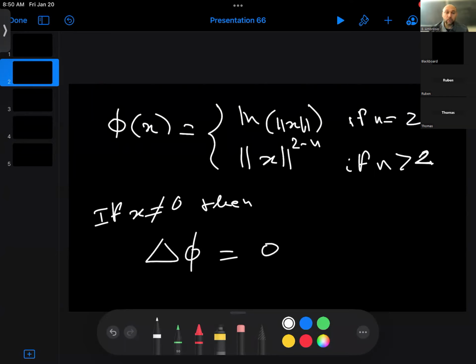So functions that satisfy Laplacian phi equals 0 are said to be harmonic functions.